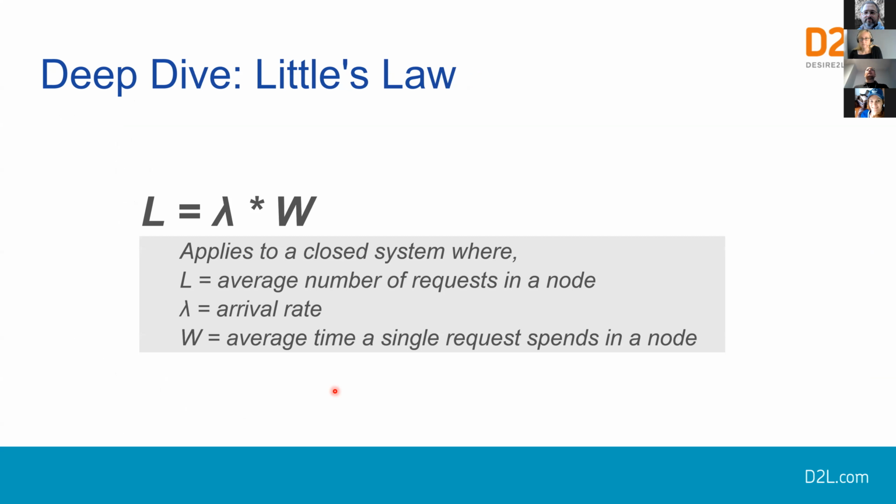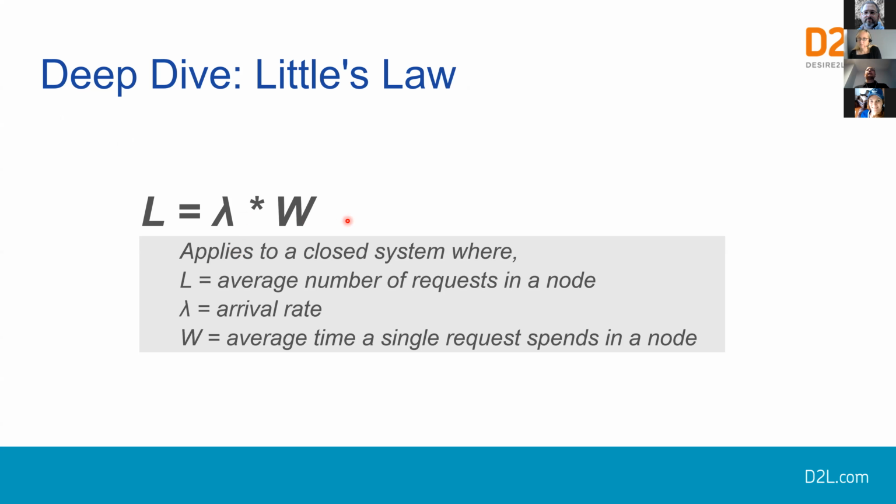In a nutshell, what it says is that the number of requests in a node, on average, is a factor of the arrival rate of those requests and the average time it takes to process a request in that node. Queuing begins when the number of requests in a node is greater than 1. That is when requests arrive faster than they can be processed.